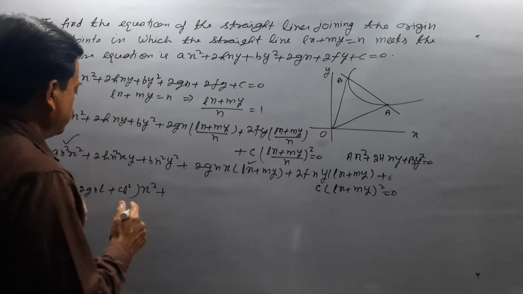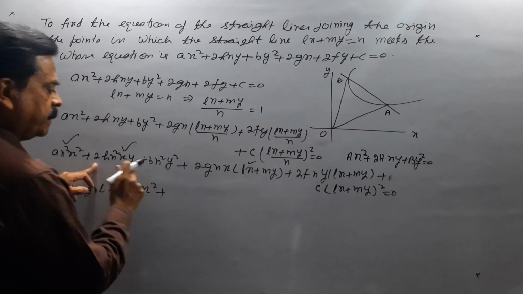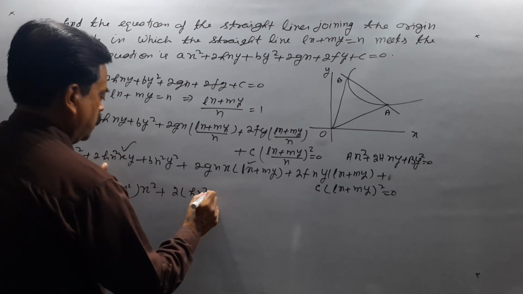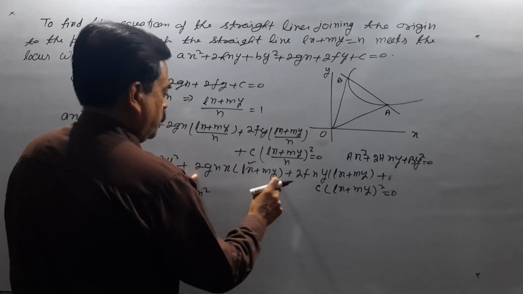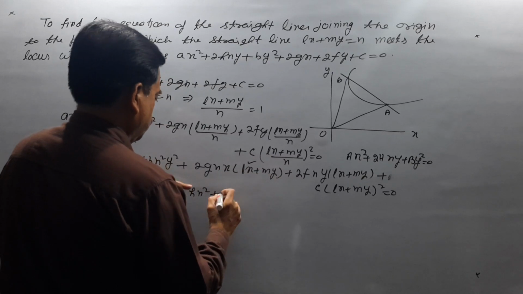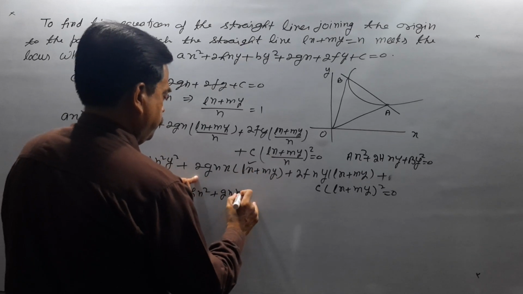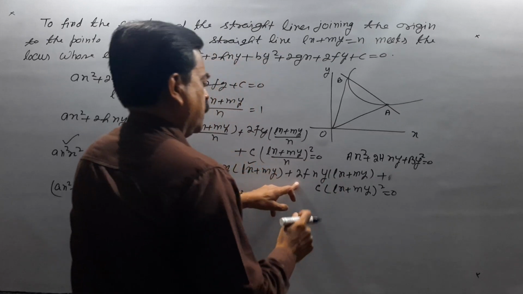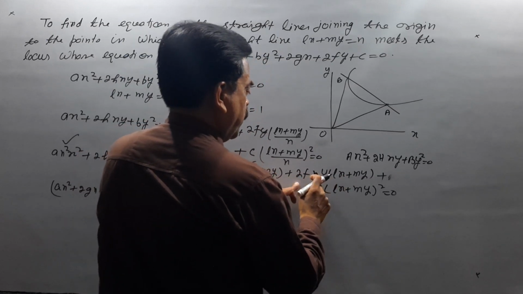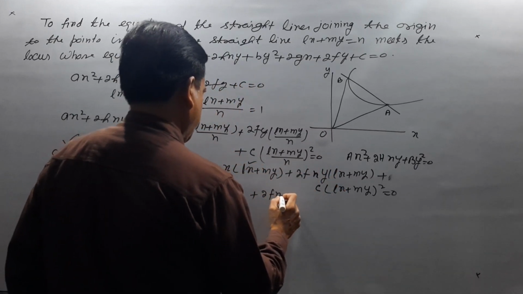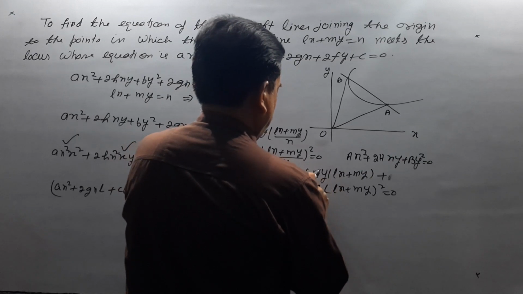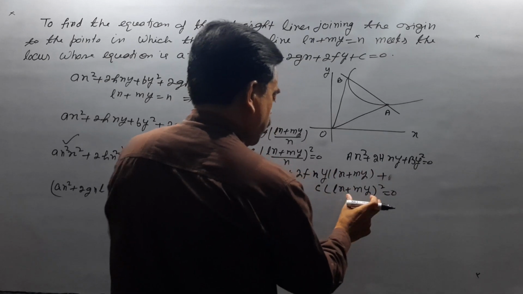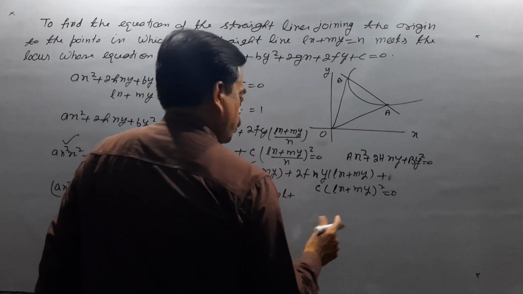Now collecting the terms of 2hxy: 2hxy here, 2 will be taken common, we get h n square; xy we can get here in this multiplication, so plus g n m; the coefficient of xy from here, plus the coefficient of 2xy, this is n, so 2 f n l; 2 is common, so 2 is here, f and l, and one more term of xy we can get here, that will be c l m.